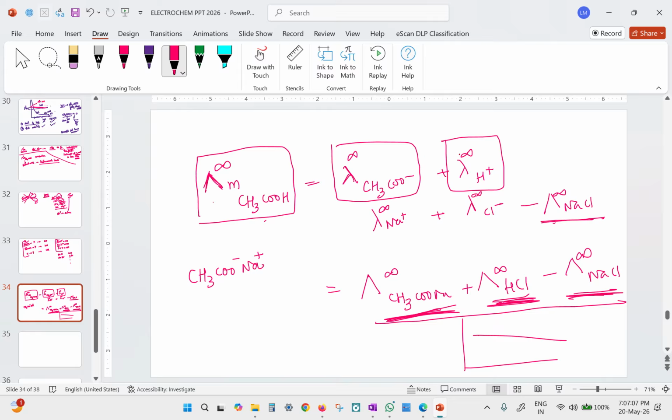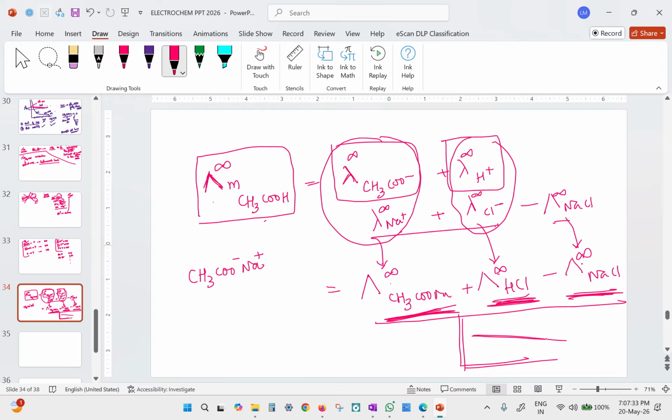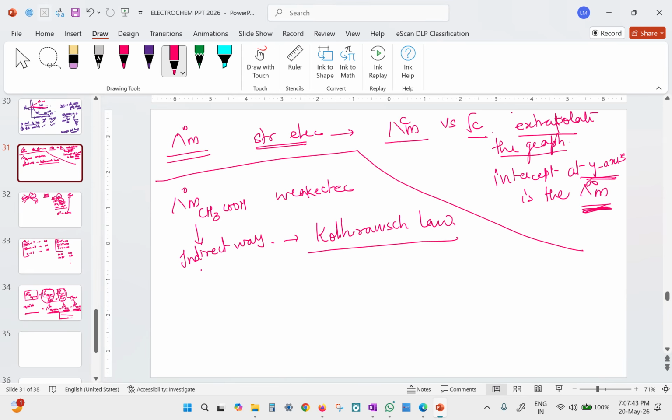So I'm going to make use of this fact and manipulate the values. I'm going to add NaCl, subtract NaCl. What I added, I can roughly take as CH3COONa. H plus can be combined with HCl. This can be converted to a strong electrolyte, and this is already strong. For them, the values are obtained from the graph by extrapolating the lines. When you add the three, you get your required weak electrolyte's value. This becomes the answer for this question.